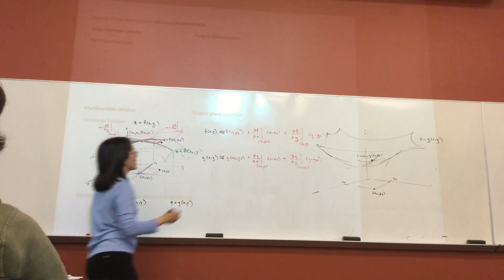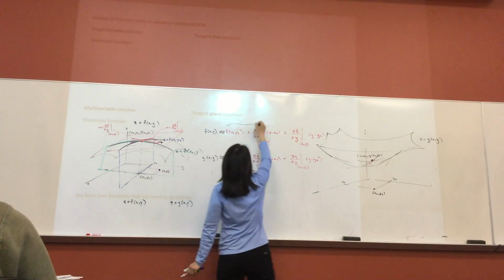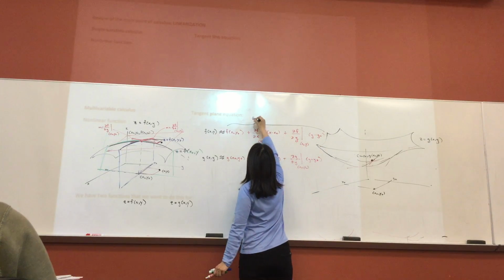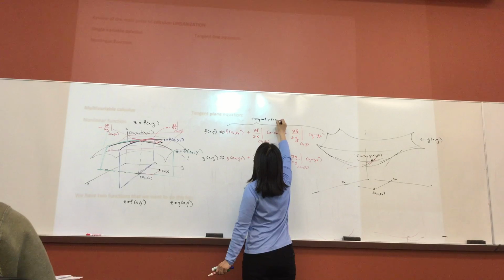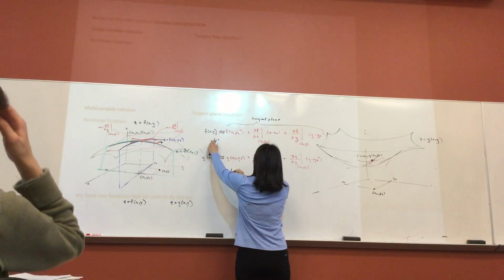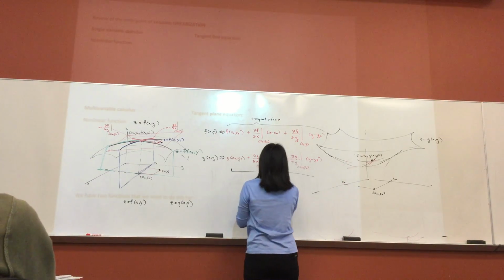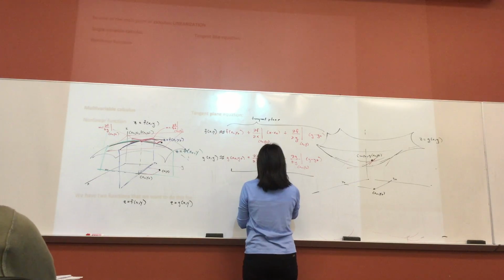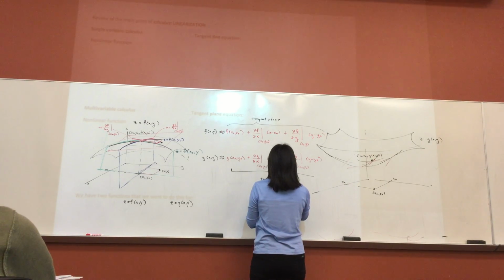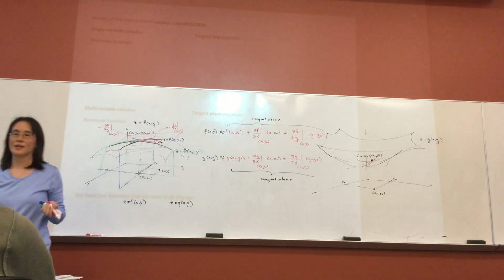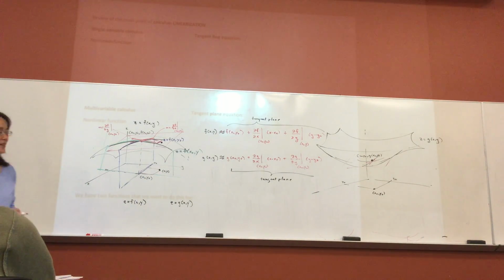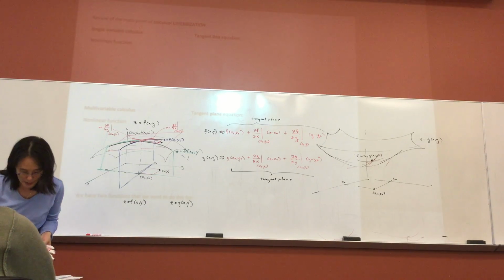This is the tangent plane, and it's approximating it, and this is the tangent plane over here that approximates it. That is the essence of about a third of multivariable calculus, right? That's the basic idea.